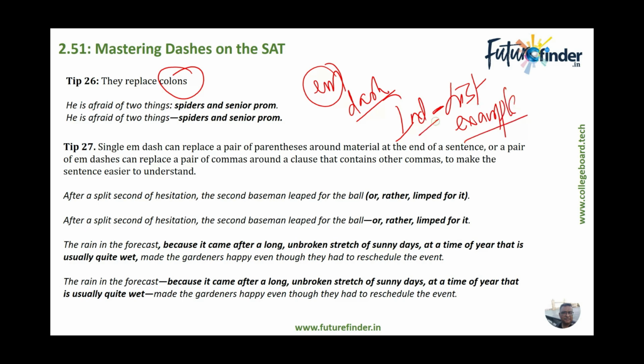Generally, if you have colons within either the opening sentence or the example, then instead of a colon, we use a dash. By the same logic, it is also used to replace the comma.